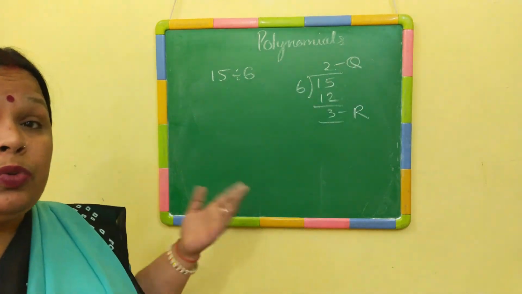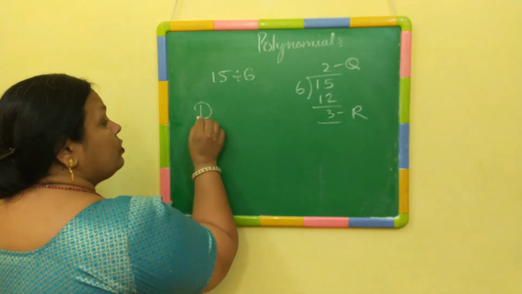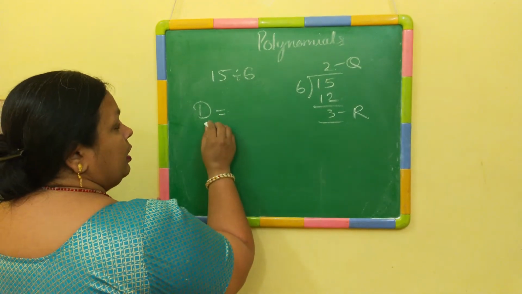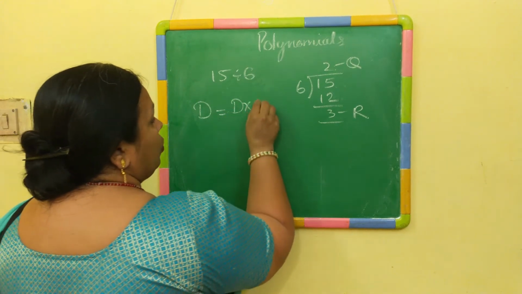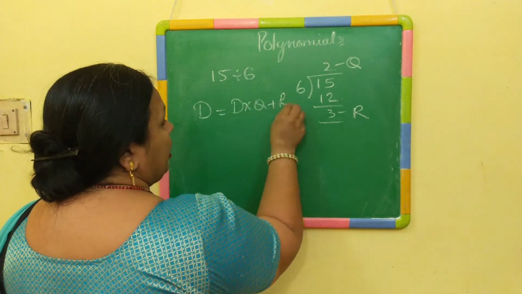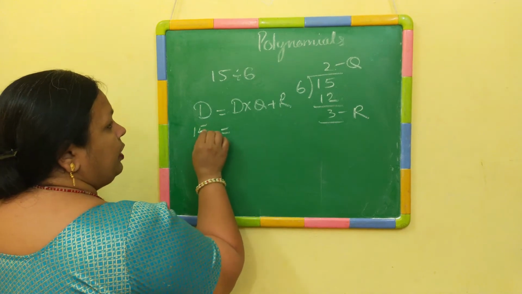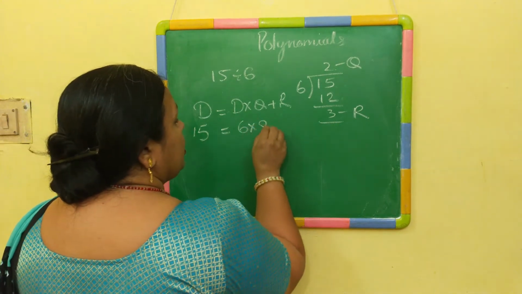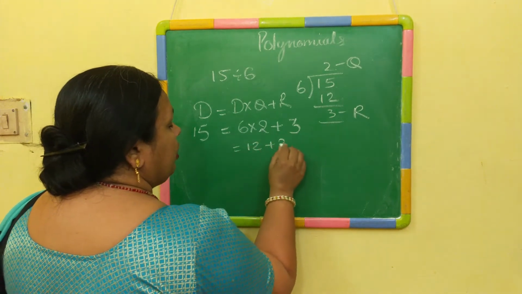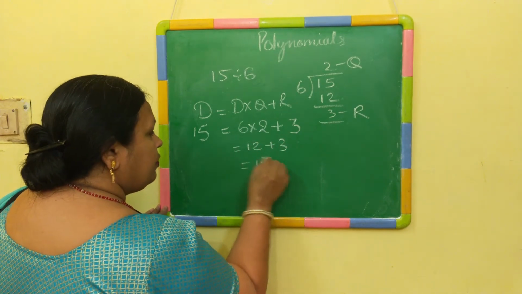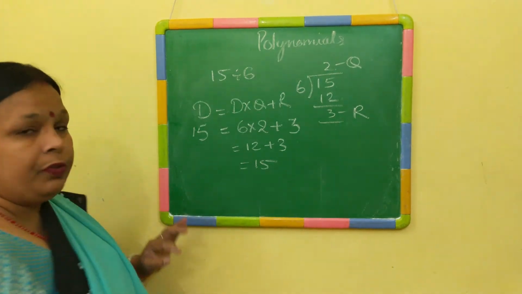So how do we represent it? We used to represent it as dividend is equal to divisor into quotient plus remainder. That is, 15 is equal to 6 into 2 plus 3, which was 12 plus 3, and we get 15. So 15 is equal to 15.